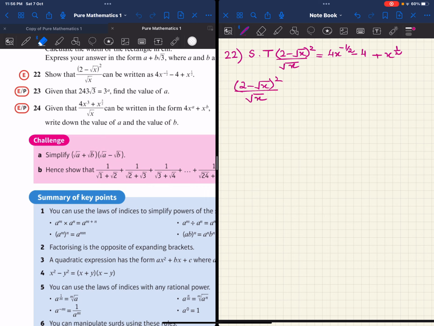The numerator is in the form of (a minus b) the whole squared, which can be expanded to give us a squared minus 2ab plus b squared.